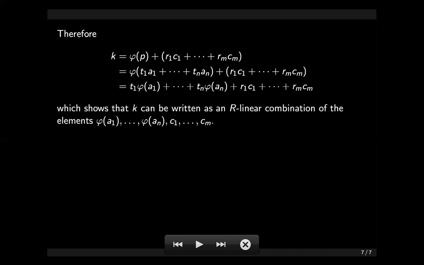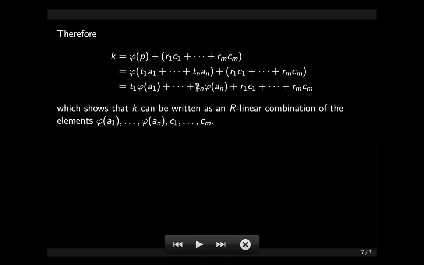So now we could expand this out. We have K equal to phi of p plus, like we wrote before on the previous slide, R1C1 plus dot dot dot RMCM. But that's the same as phi of T sub 1 A1 plus dot dot dot T sub n A sub n, plus the same summand down here.